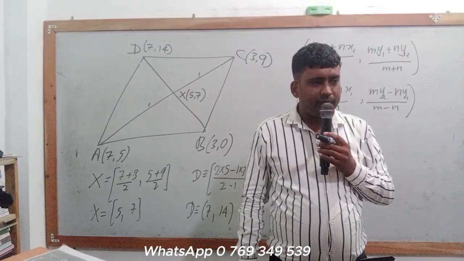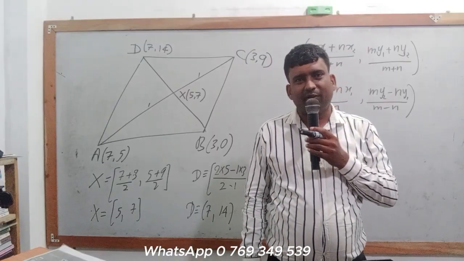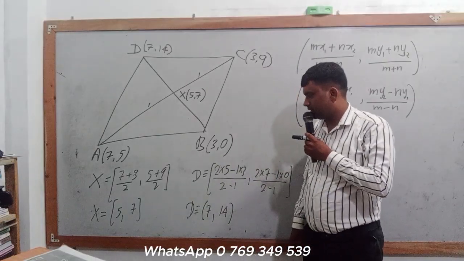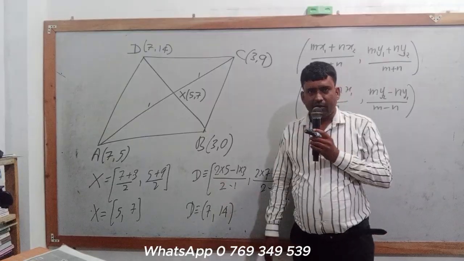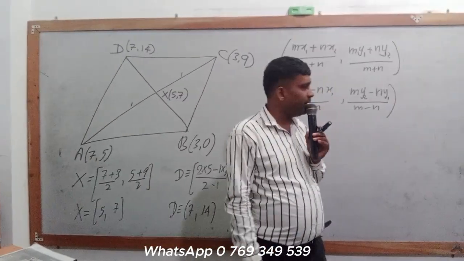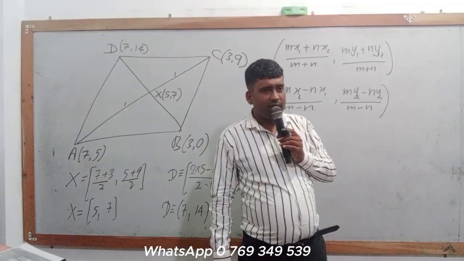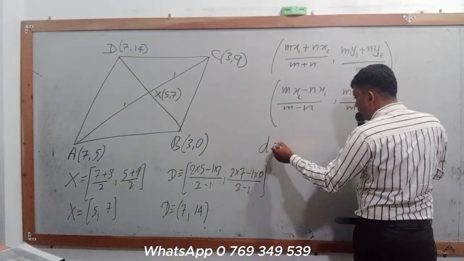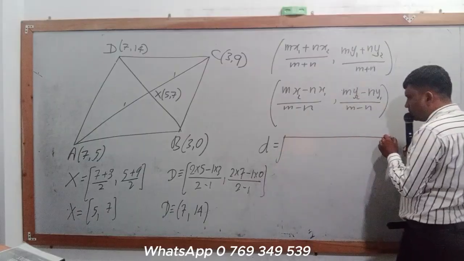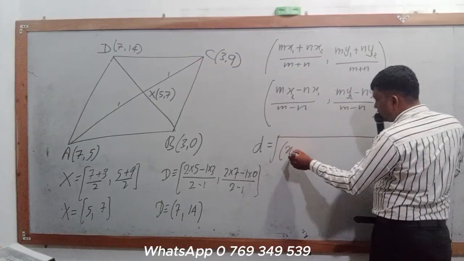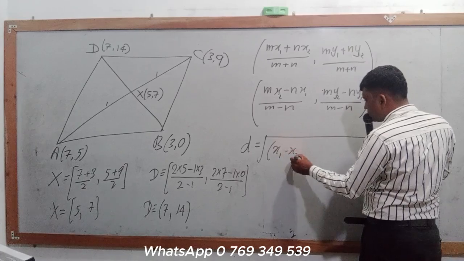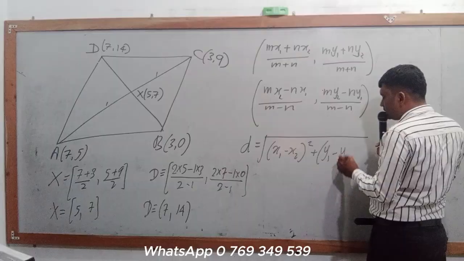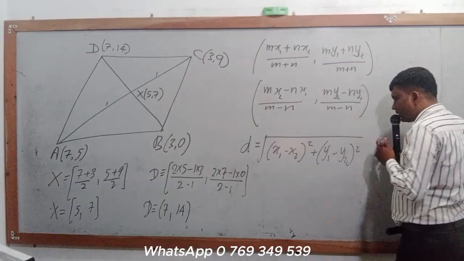Find the length of the diagonals and sides, everything. Diagonals and sides, right? We complete these things. And length. What is the theory length? D equal root x1 minus x2 square plus y1 minus y2 square.